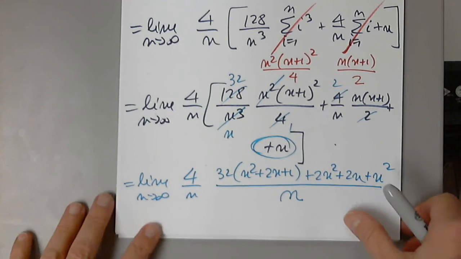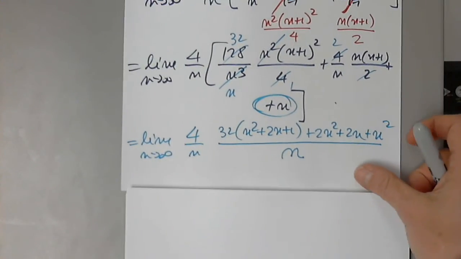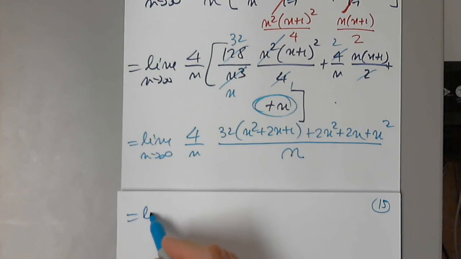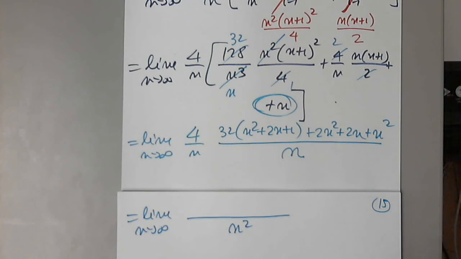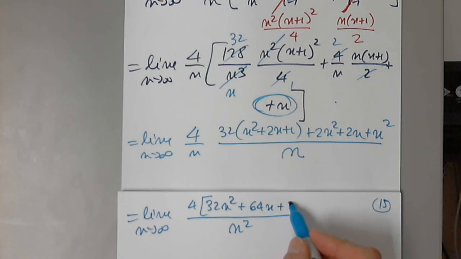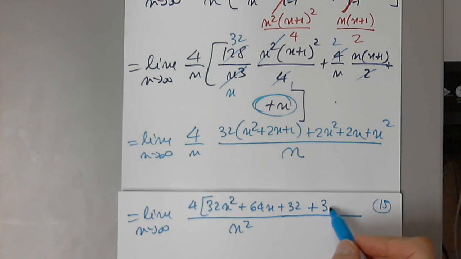Questions? Okay, I distribute and combine like terms, and it's done. So limit as n approaches infinity of 4, 32n squared plus 64n plus 32 plus 3n squared plus 2n.